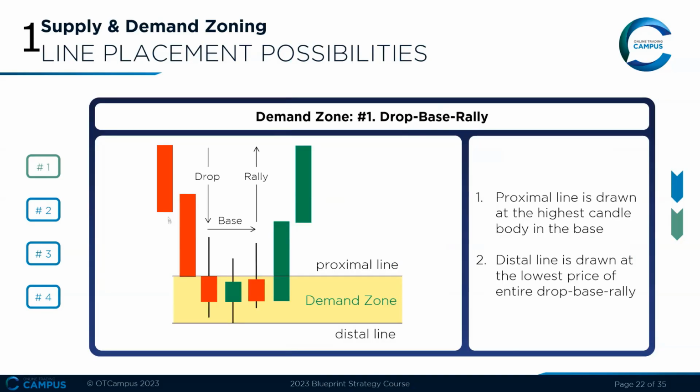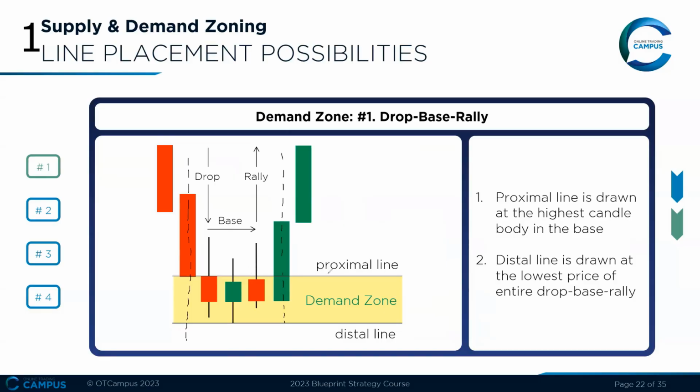Here we have another example. This time you have three candles within the base. Okay, so we have our leg out, we have our leg in, and now we have our base isolated. And now we wrap our proximal and distal lines around the base.